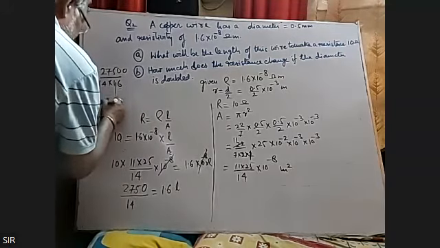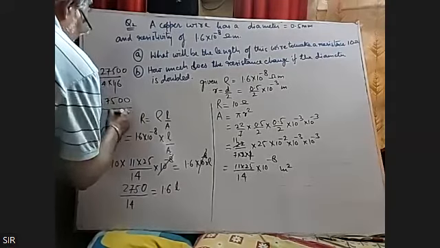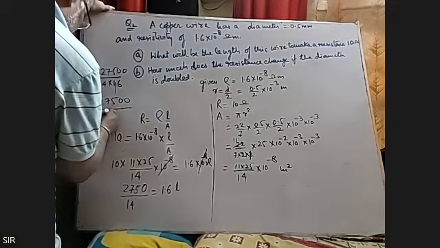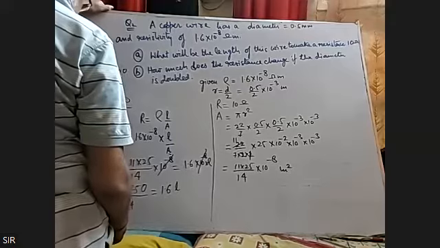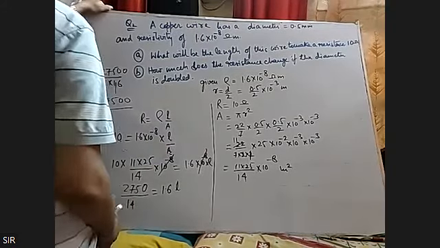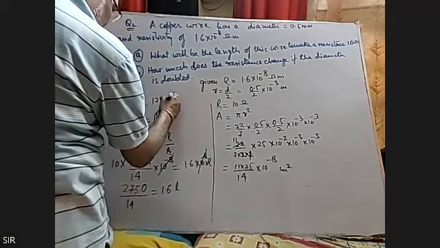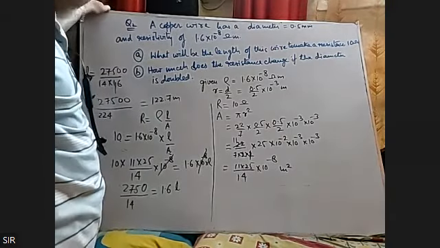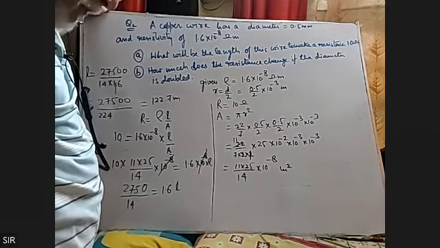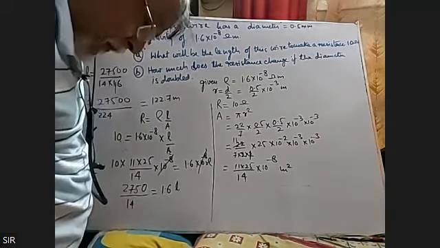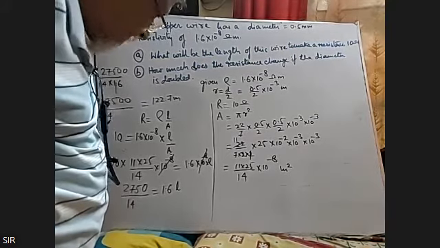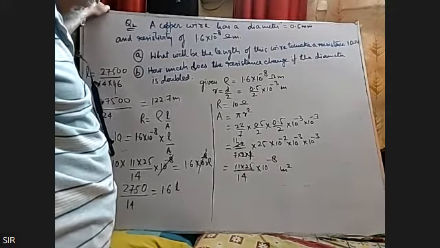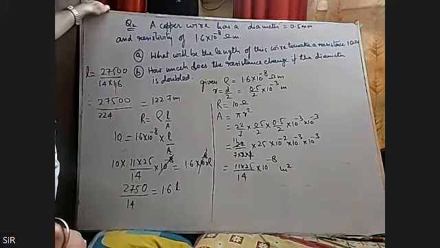So it will be 27500, so it is 122.76. Now if I divide, it should come close to 122.7 meter. Just check. Yeah, let's do it.